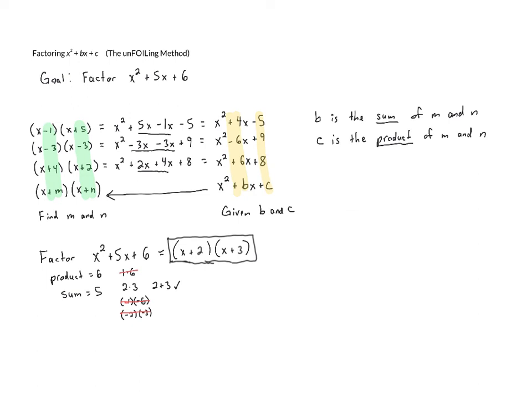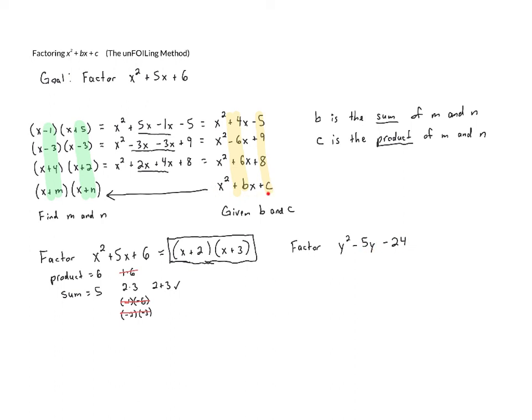Let's do one more. Let's factor y squared minus 5y minus 24. Now, it's not a problem that our variable's y instead of x. That's fine. We still have a trinomial that starts off with y squared instead of x squared, and then a constant times y, and then a constant term.